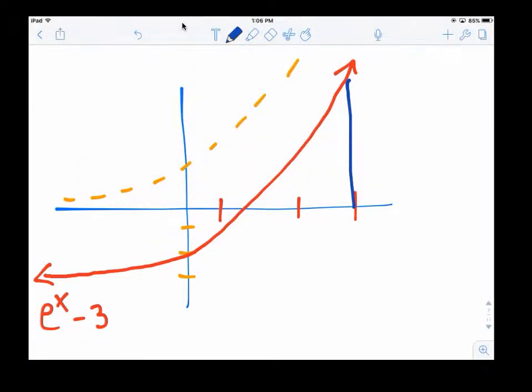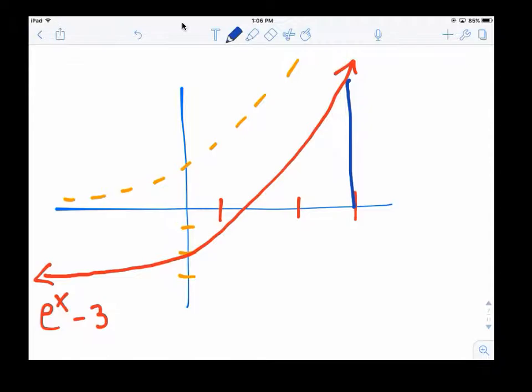Some of the region is above the x-axis, and some of the region is below the x-axis. So we're trying to figure out the area from here to here. So I have to include this piece here and then this piece there, right?